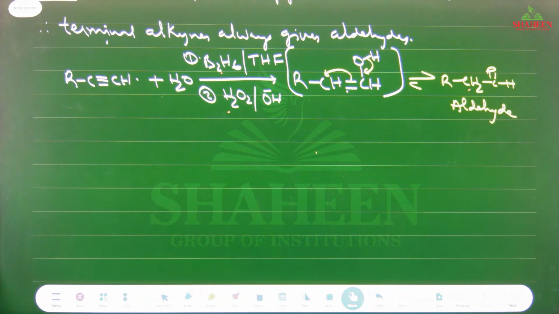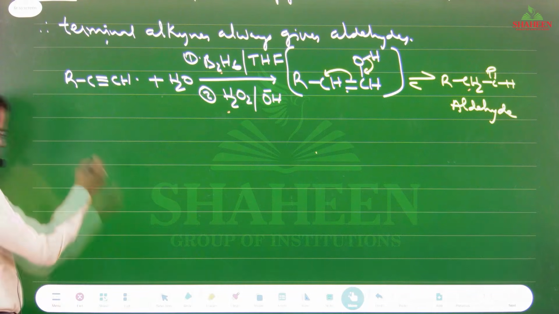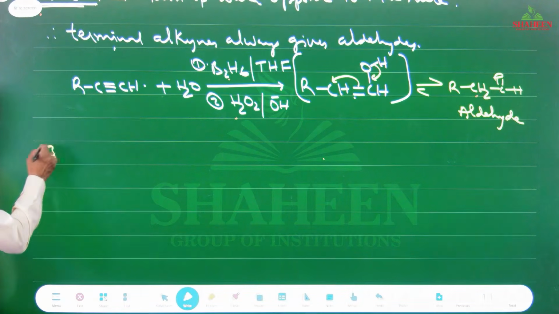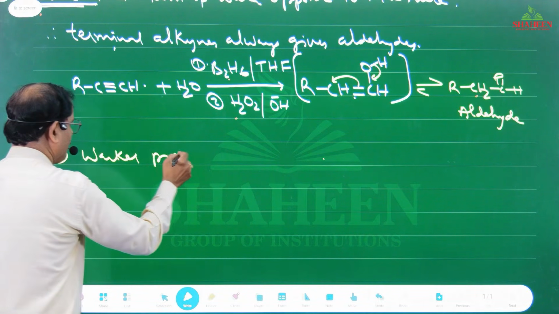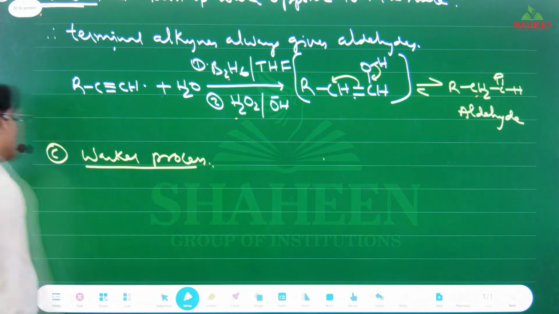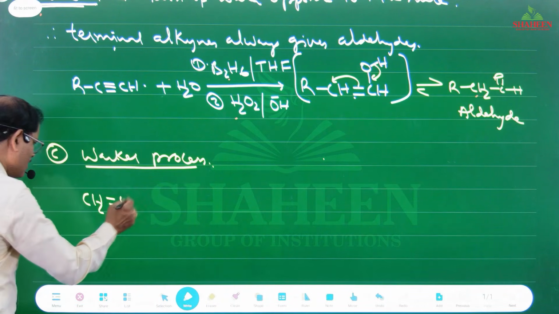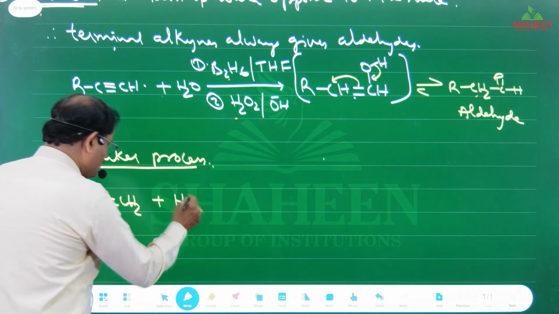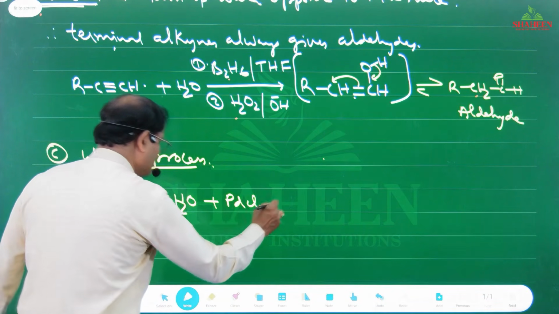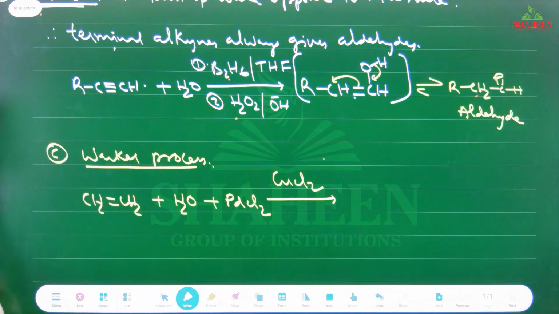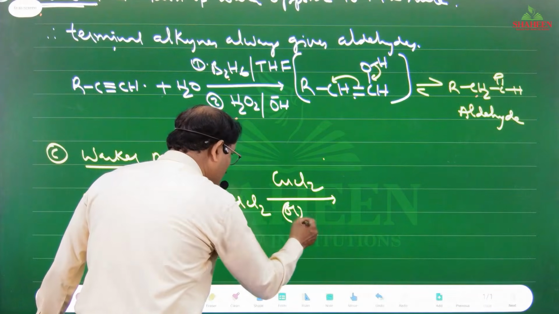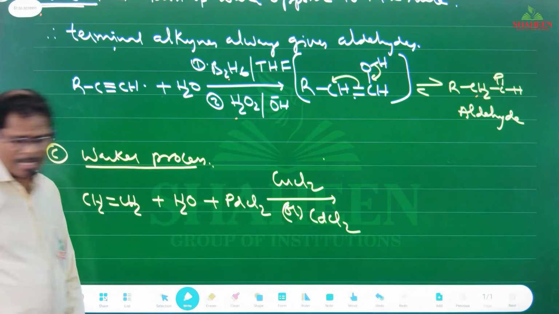We also have another method, the Wacker process. In the Wacker process, generally CH2 double bond CH2 plus H2O, in the presence of palladium chloride and cupric chloride, or instead of cupric chloride, cadmium chloride can also be used.